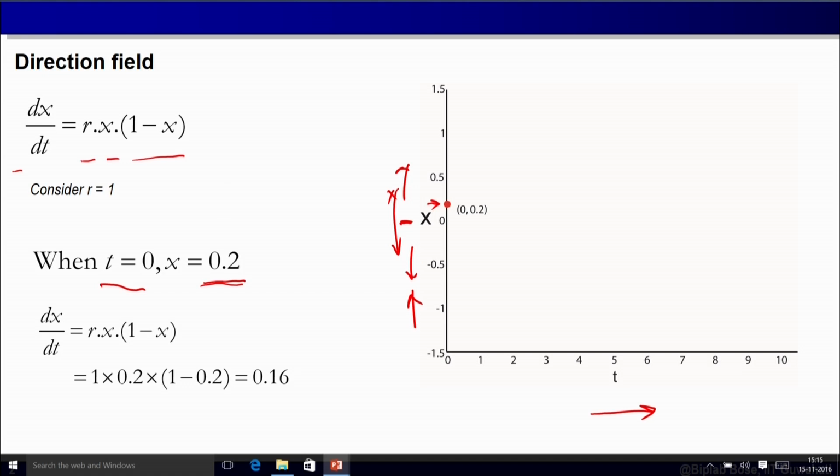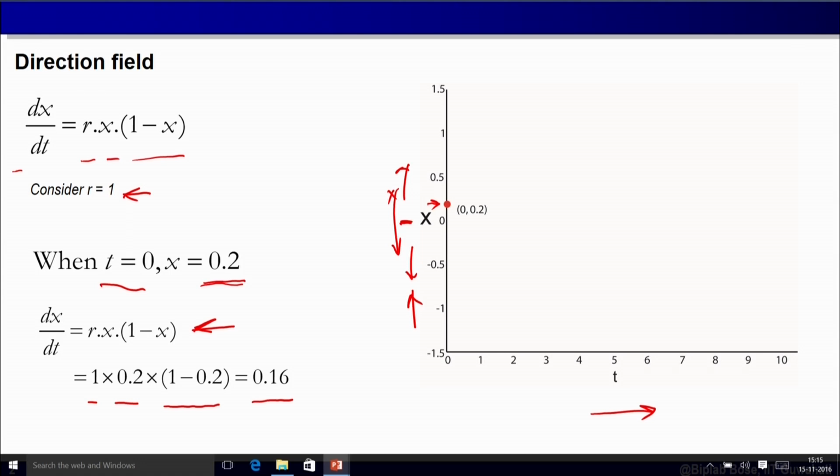T equal to 0, x equal to 0.2. Now let us calculate dx/dt at that time point and at that value of x. So dx/dt is equal to r into x into 1 minus x. I have already written r equal to 1. So put r equal to 1 into 0.2 into 1 minus 0.2, that is 0.8, and the multiplication gives you 0.16.